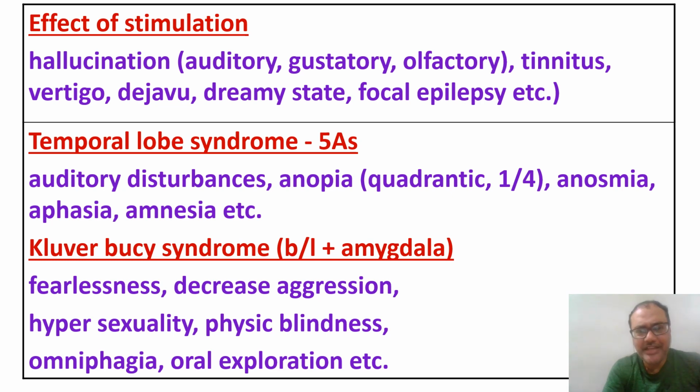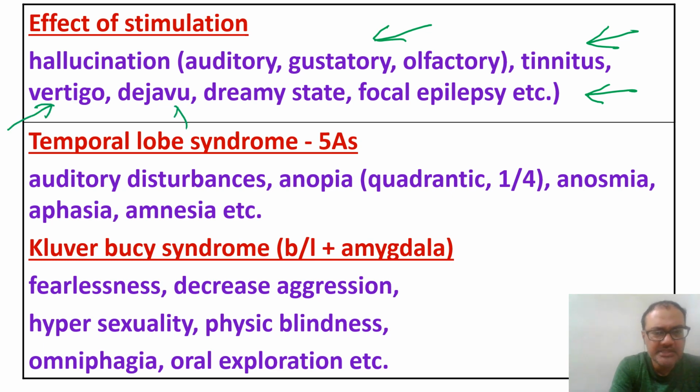So let's see in the text the effect of stimulation of the temporal lobe. It is very prone to get stimulated. All types of hallucination, ringing of the ear, that is tinnitus, vertigo, dreamy state, deja vu, that is already seen feeling, and site for focal epilepsy. Temporal lobe syndrome we have done using 5 A's, and these are auditory disturbance, anopia, quadrantic anopia to be specific, loss of smell, anosmia, loss of speech, aphasia, and loss of memory, amnesia.